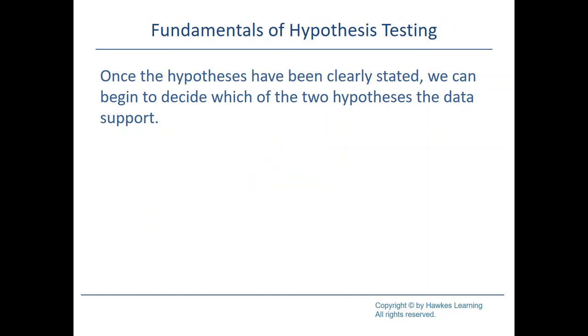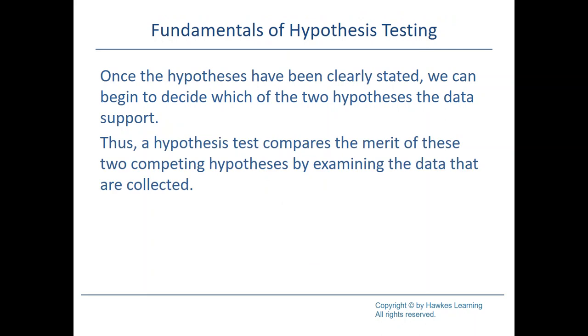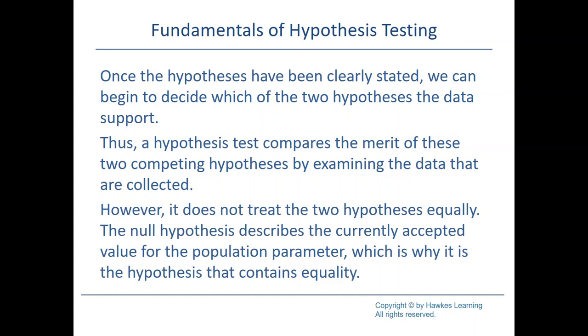Now, once you've done all this work to put the two hypotheses together, we can actually decide which of the two hypotheses the data support. Now, this hypothesis test comparing the merit of the two hypotheses, we basically have to examine the data that's actually been collected. Please understand, this does not treat the two hypotheses equally.